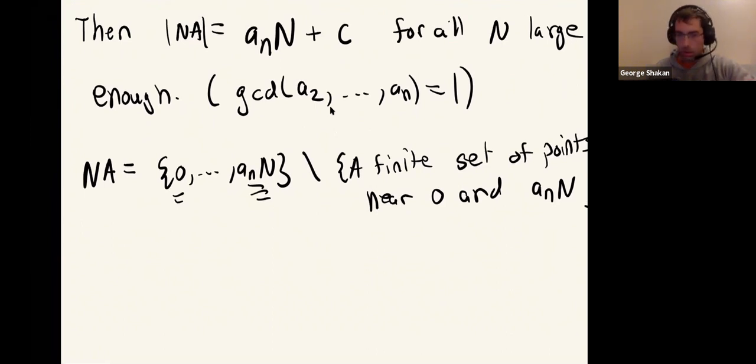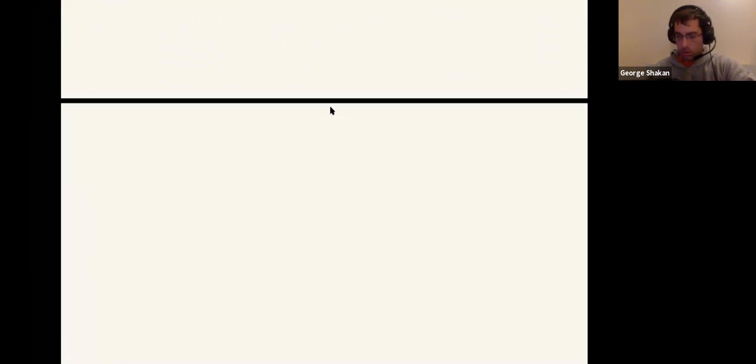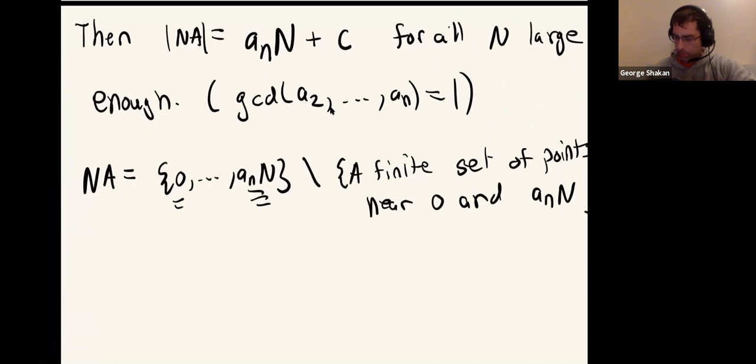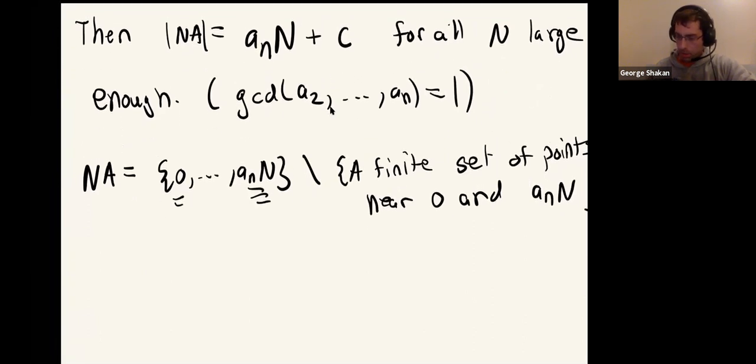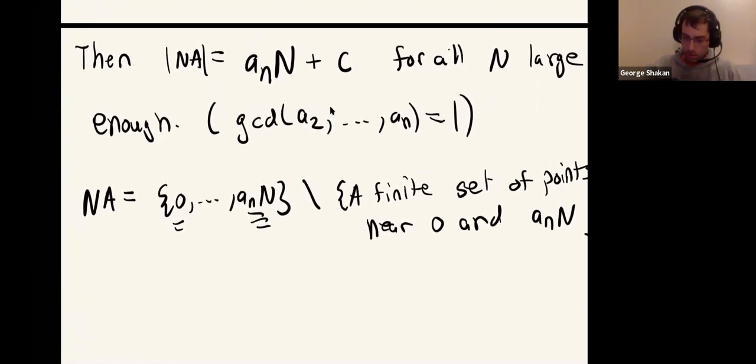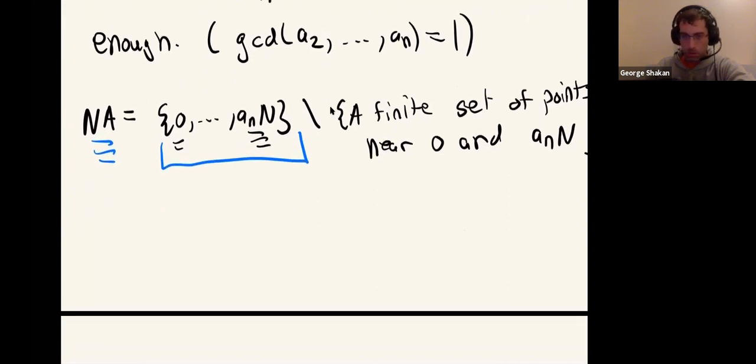It's quite clear that the n-fold sumset here is at least a subset of this set, and my claim is that this is actually an equality up to a finite set.